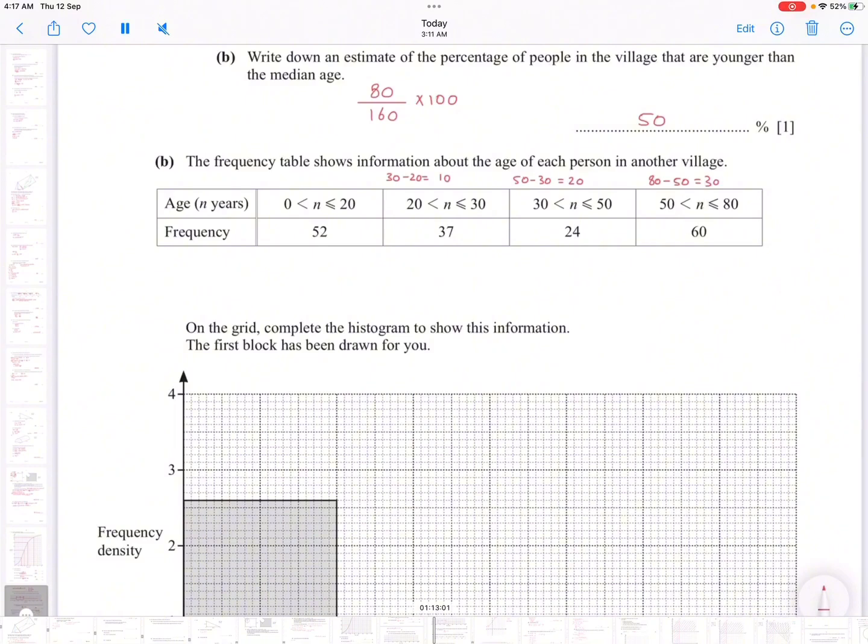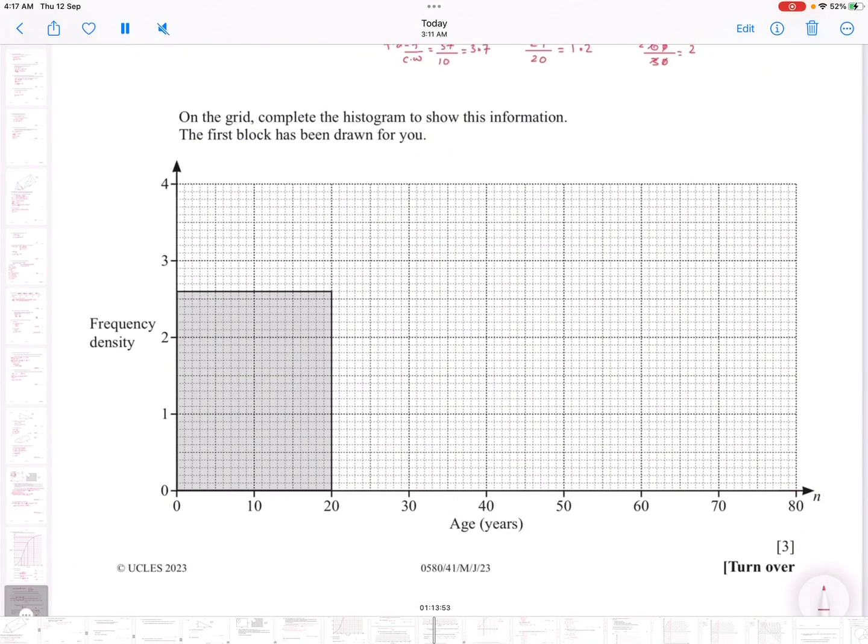Now you calculate the frequency density, which is frequency divided by class width: 37 divided by 10 is 3.7, 24 divided by 20 is 1.2, 60 divided by 30 is 2.